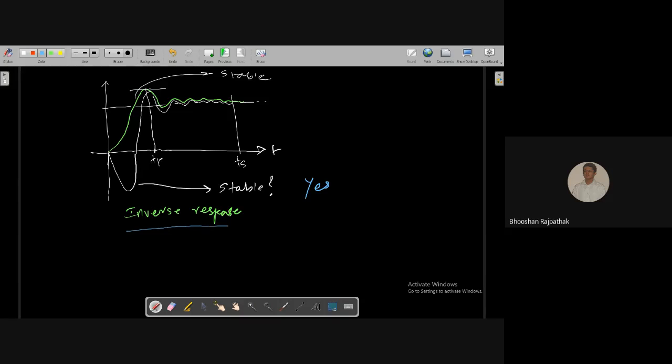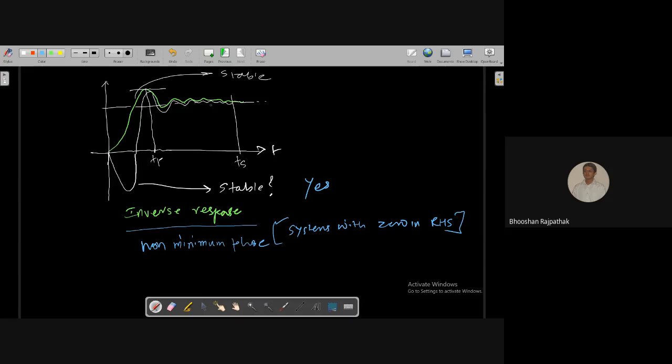So this is one speciality of non-minimum phase systems, or systems with zero in RHS. So systems with zeros in right hand side will have step response or impulse response starting from negative direction, opposite direction, and then they will settle.